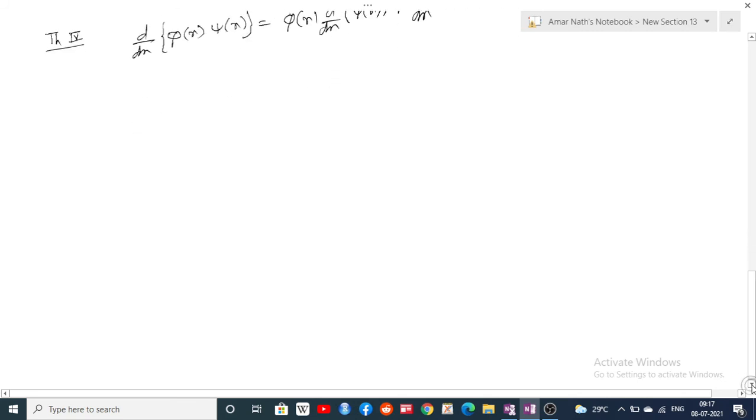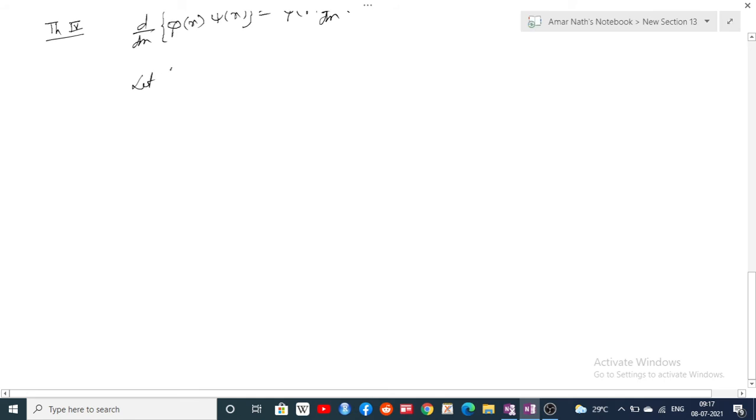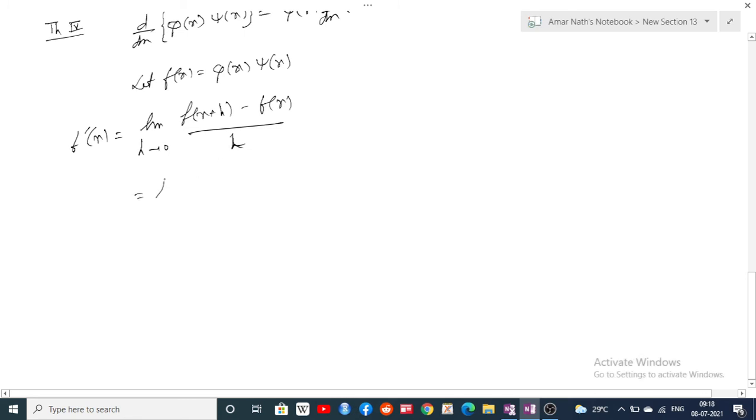First let f(x) equal phi(x) into psi(x). Then as per the definition of f dash x, we can write limit h tends to 0 of f(x plus h) minus f(x), divided by h. This equals limit h tends to 0 of phi(x plus h) psi(x plus h) minus phi(x) psi(x), divided by h.